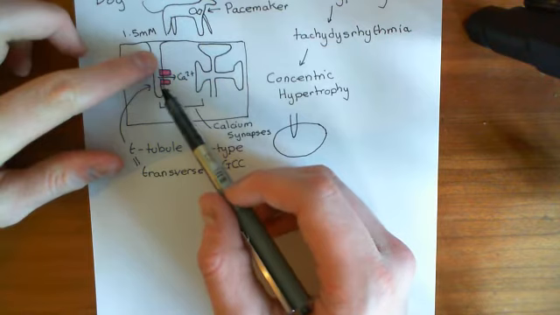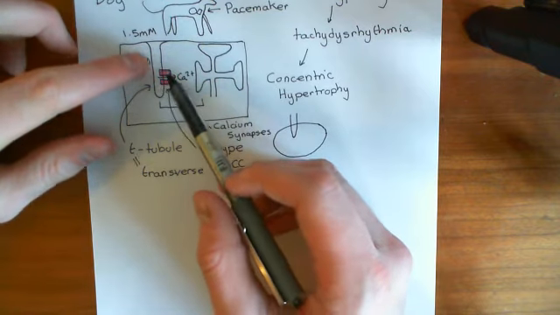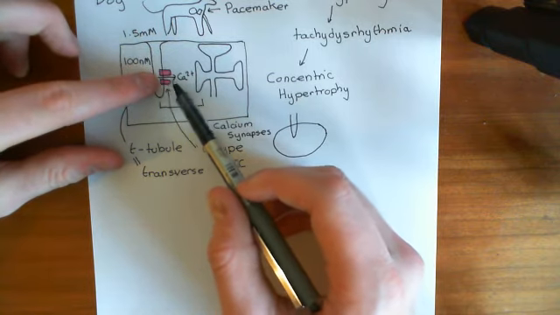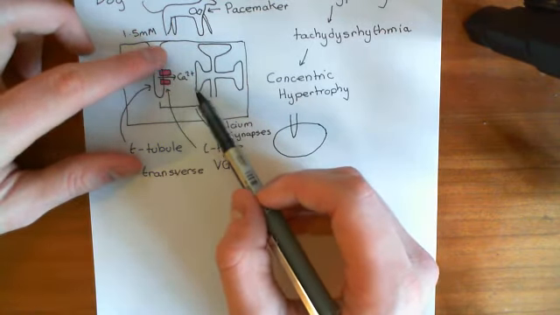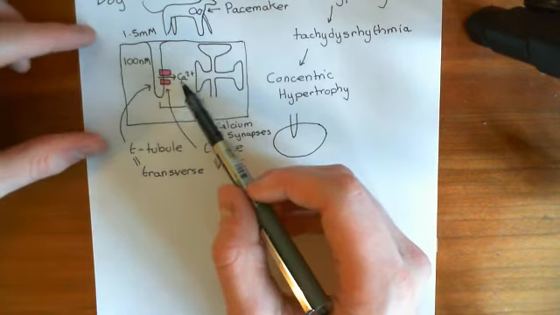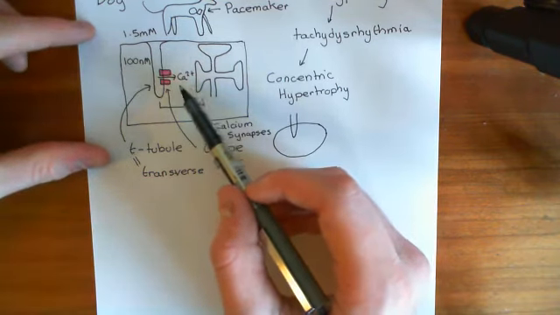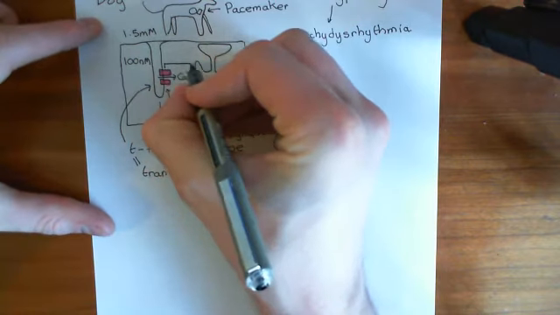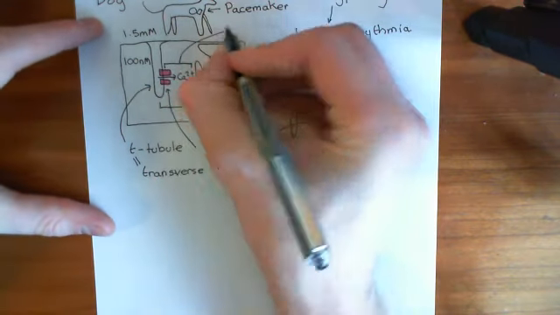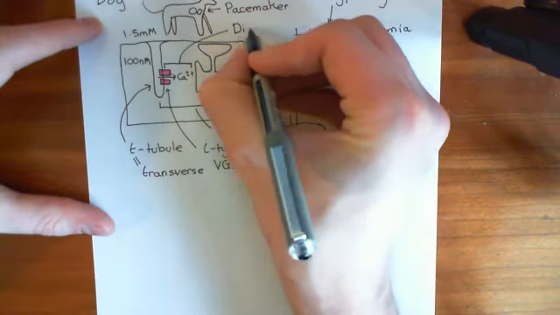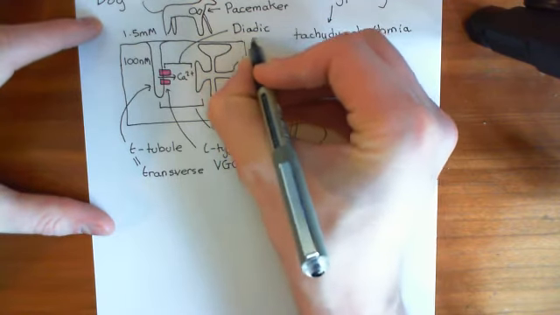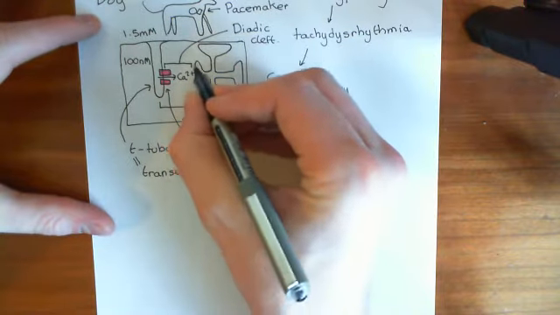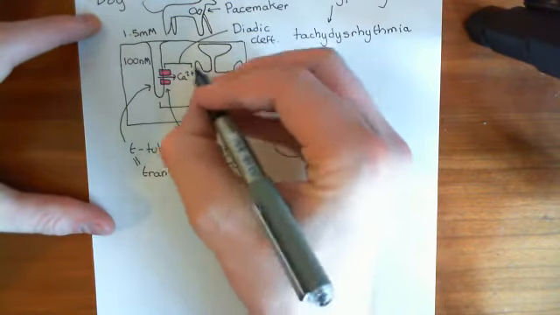So when the plasma membrane undergoes an action potential, it is going to release calcium onto the sarcoplasmic reticulum membrane, and this calcium is going to act just like a neurotransmitter. It's going to diffuse across this space in between the two membranes, which is called the dyadic cleft, in comparison to the synaptic cleft. So this is the dyadic cleft, and it's going to act on receptors on the sarcoplasmic reticulum membrane.